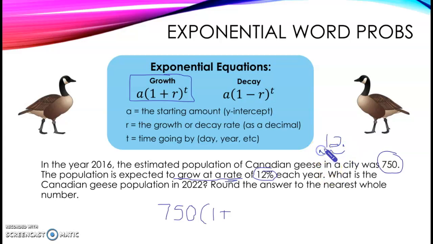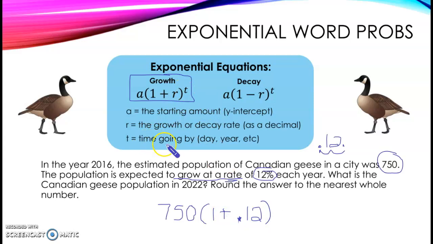So our new rate is going to be 0.12. I'll just write 0.12. That's a messy little decimal there. And we're going to take this to the t power.